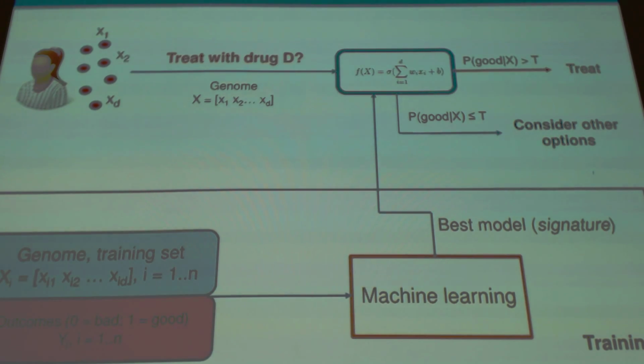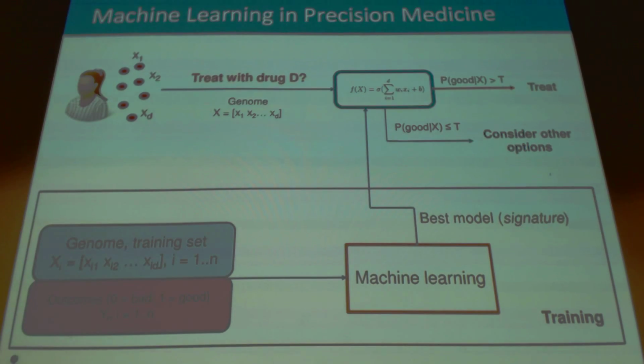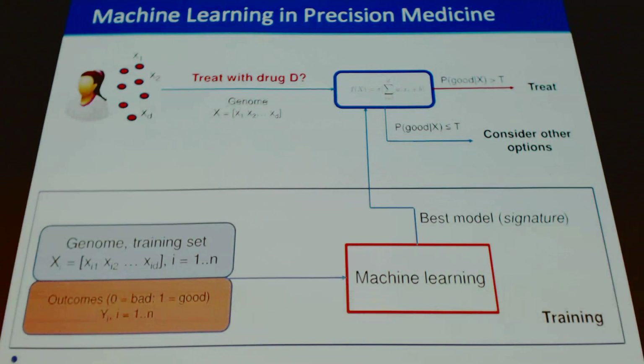You have a patient, an individual, who comes into a doctor's office and needs treatment, usually for serious diseases. At least at this point, this is applicable to serious illnesses like cancer, cardiovascular events, HIV, that sort of stuff. And the question is, should this person be treated with a particular drug D?